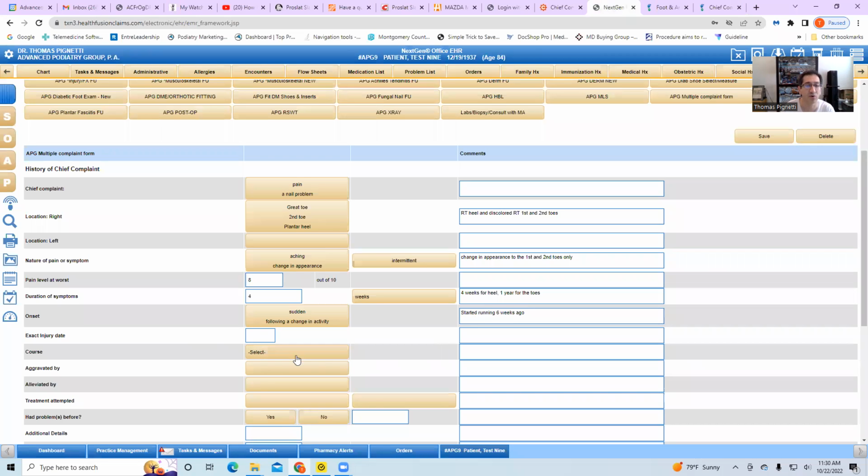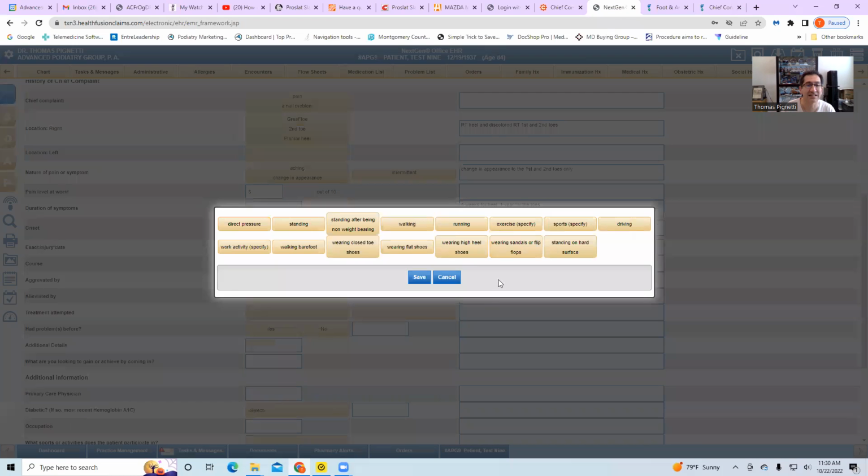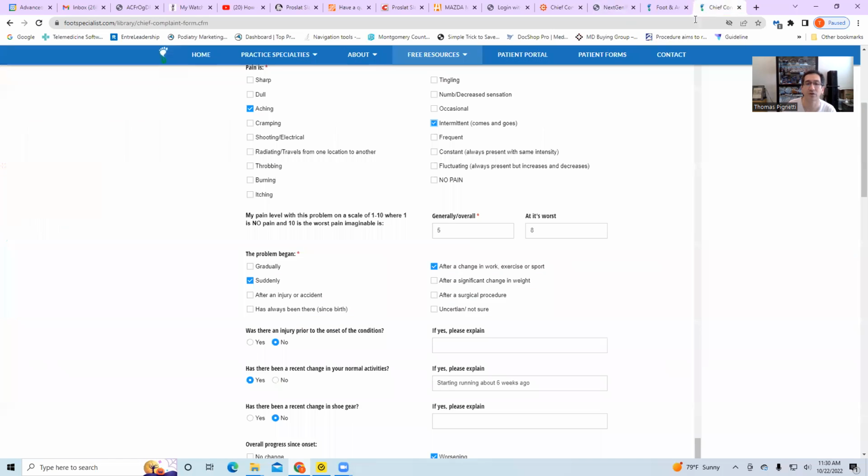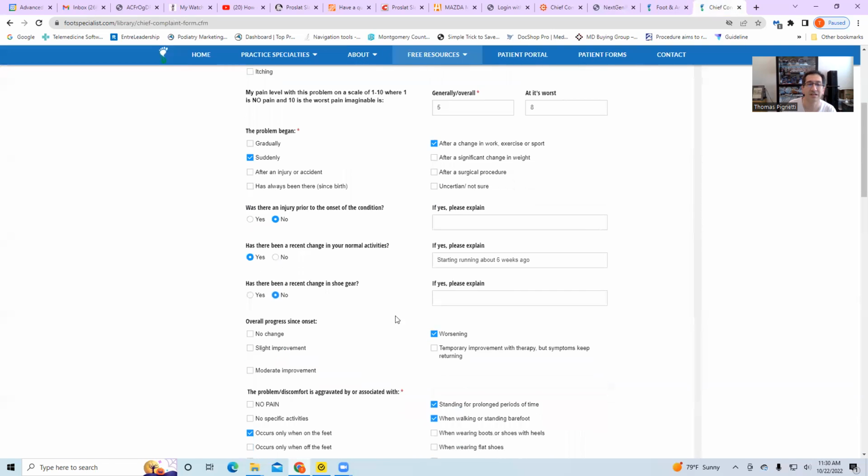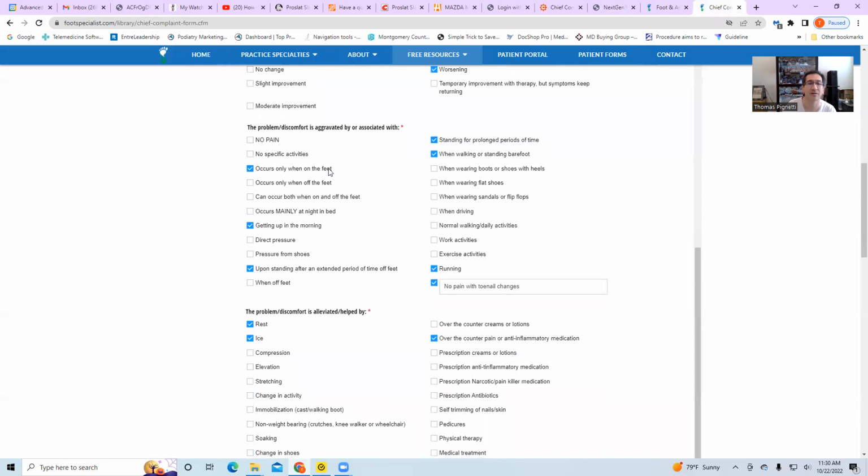No exact injury course. I said it was worsening. Okay. I said, why was it aggravated? I said it was aggravated by, we go back to that form. Why is it aggravated? It's associated with being on the feet, getting up in the mornings after a period of time standing on concrete, walking barefoot and running. And there's no pain with toenail changes.